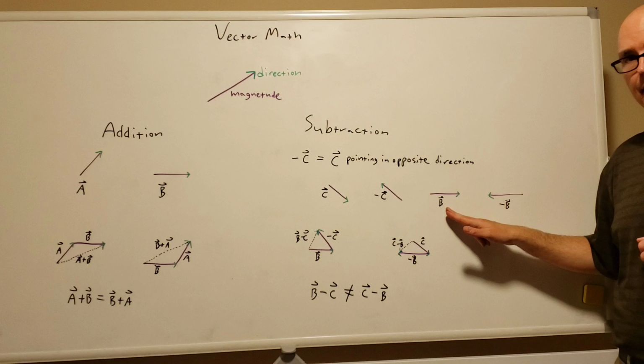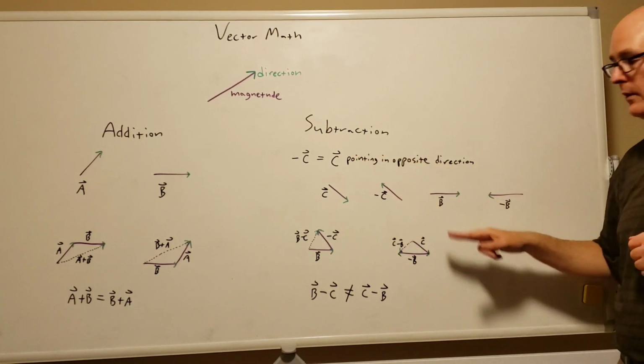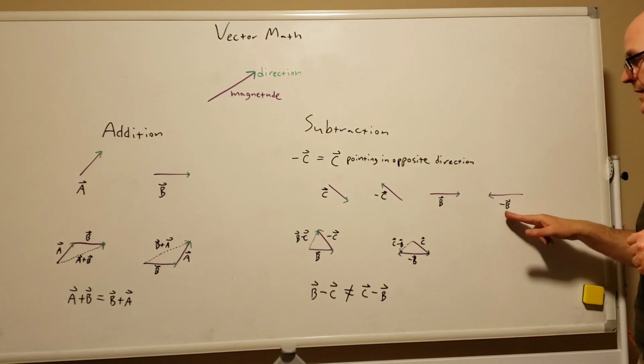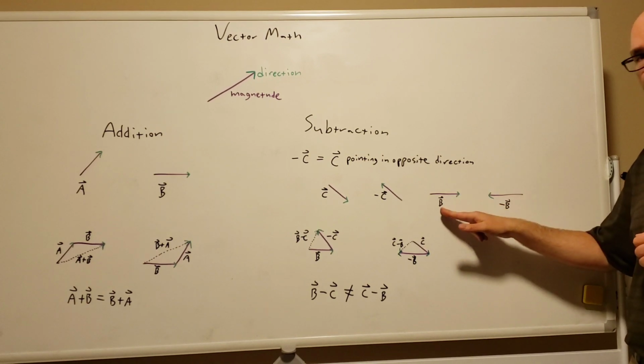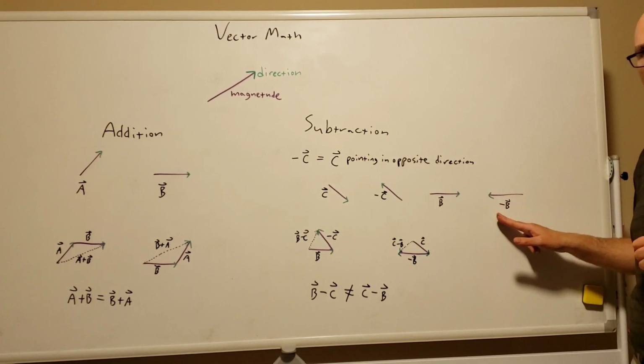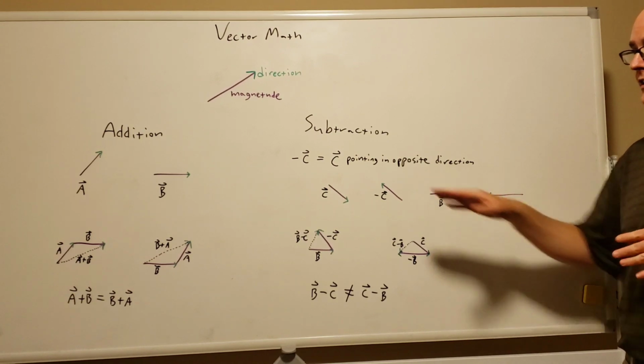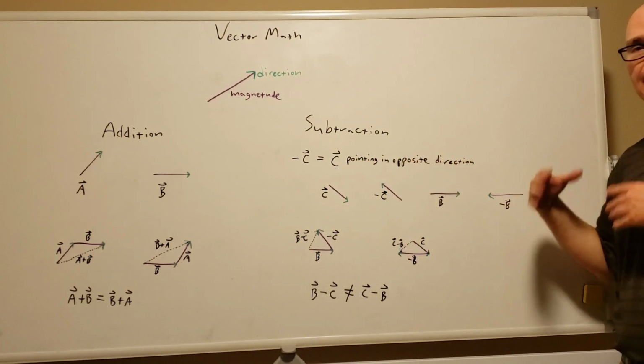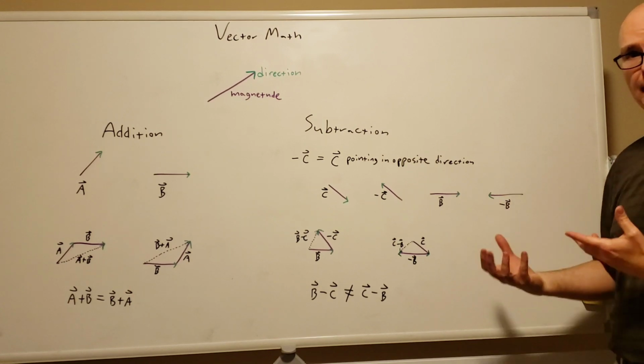If I have B, from what I had before, negative B has the same magnitude as B, but it's pointing in the opposite direction. So now I'm just going to add. I add the same way I did before. I add that negative vector when I'm subtracting.